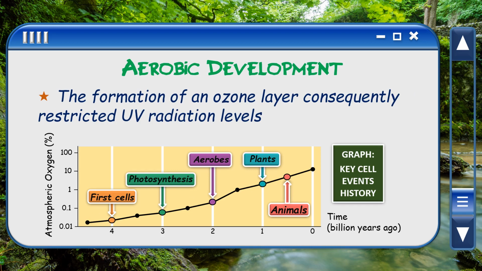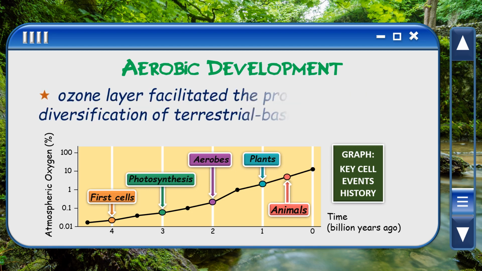So they say the formation of the ozone layer constantly reduced or restricted UV radiation levels. And as the levels went on reducing, this means that the ozone layer facilitated the proliferation or diversification of terrestrial-based organisms.